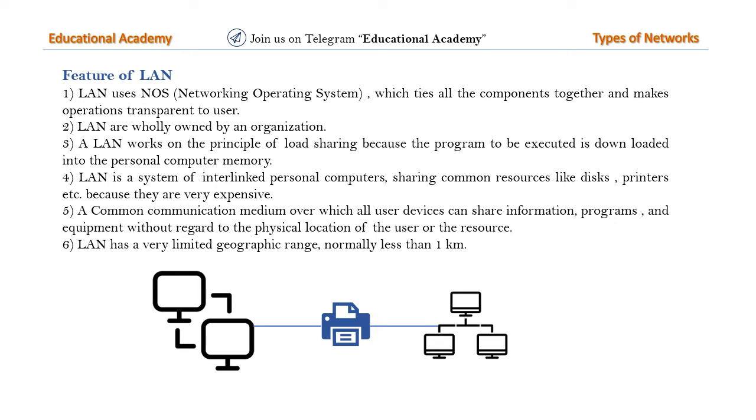Okay, so whenever we are performing any task, if we want to share any files or any software, that software is already installed inside a system. It means the file and the software that we are sharing with our other systems are already downloaded in a personal computer's memory.